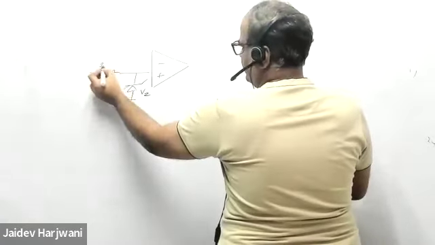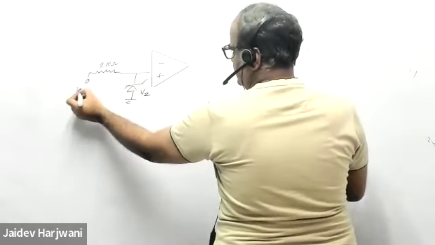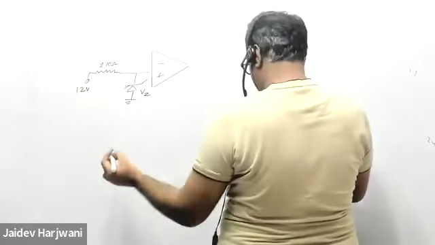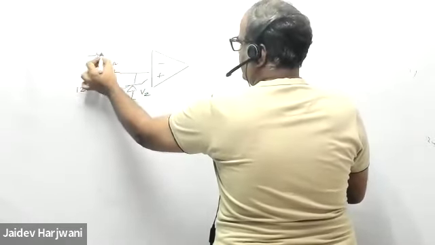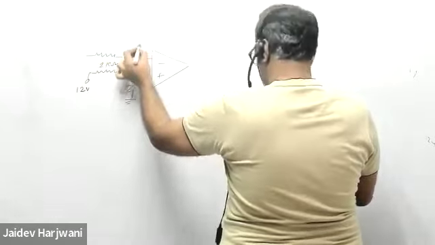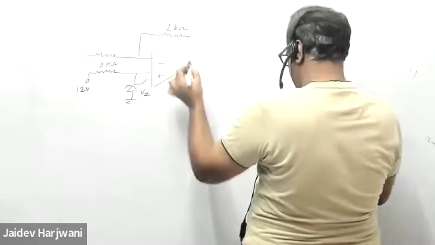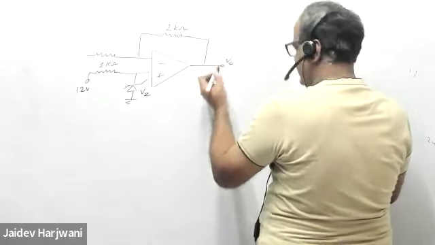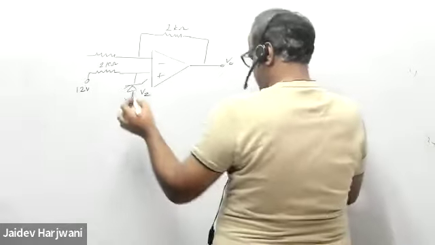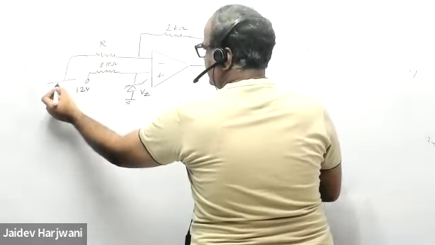This is 1 kilo ohm here, and this is 12 volt, and then you have here also a resistance of 1 kilo ohm, and this is your V naught, R, and this is ground.